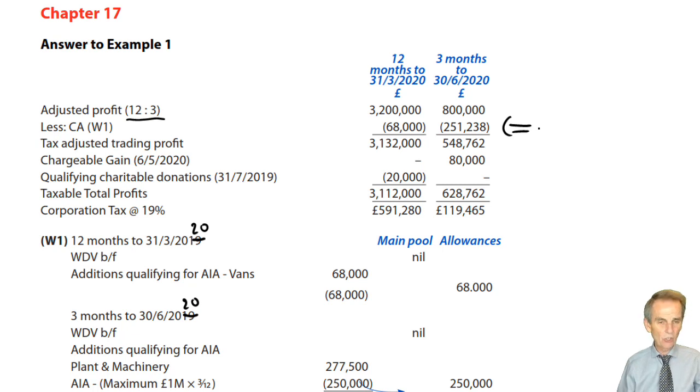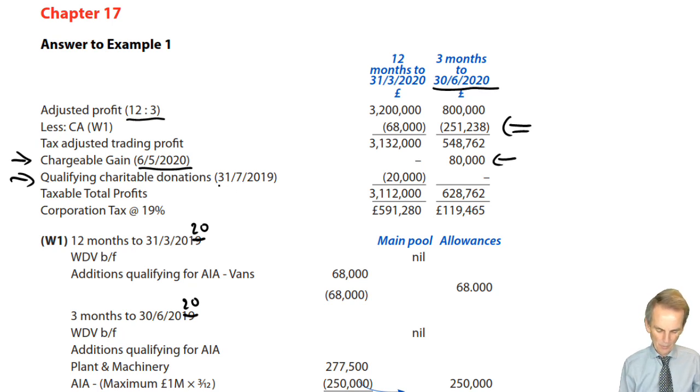The easier things to do: allocate the capital gain and the qualifying charitable donations to the relevant accounting period, based on the date. The gain was made on the 6th of May 20, that's in the 3 months to 30th of June 20, hence that gain there.